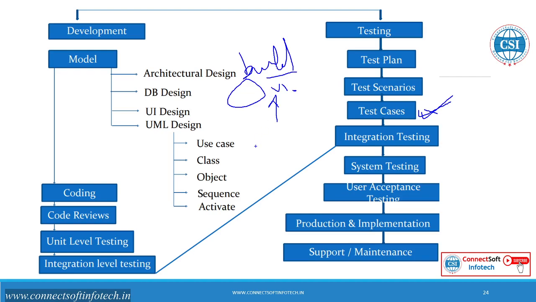Verification means the process of building the software: we are testing the software during the development. After the development of the application, when we test the application, that is validation.